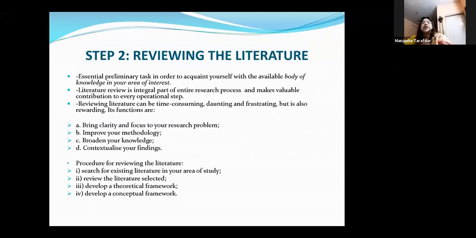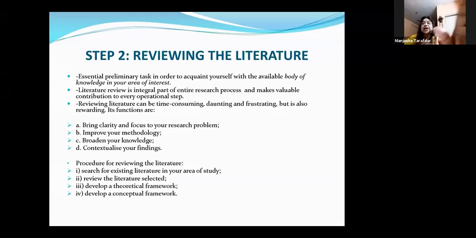Next step is reviewing the literature. Review of related literature. I think Pronam has taken your review of literature classes in the morning. It must be extensive. This is a very important part. Whenever you select your topic of interest for research, you have to go for reviewing the literature.